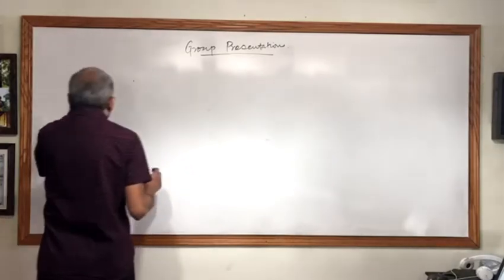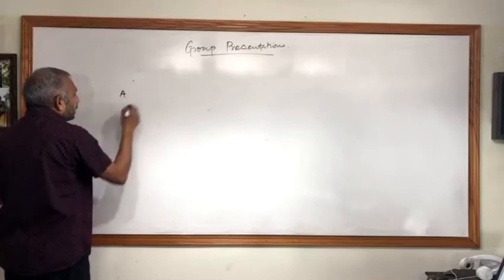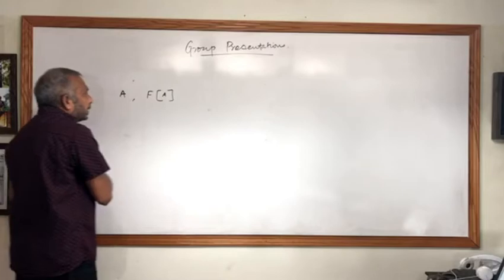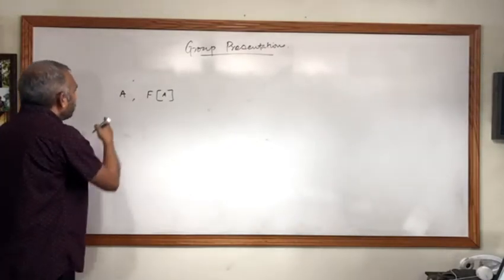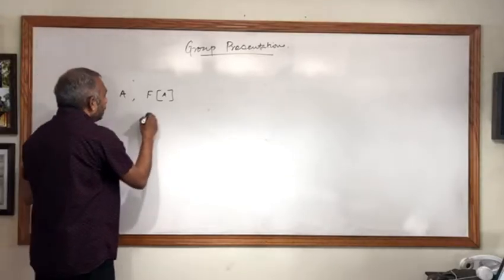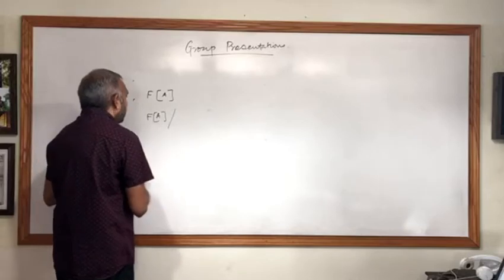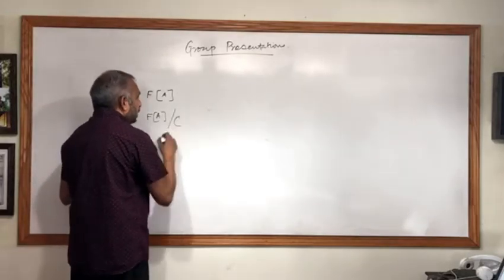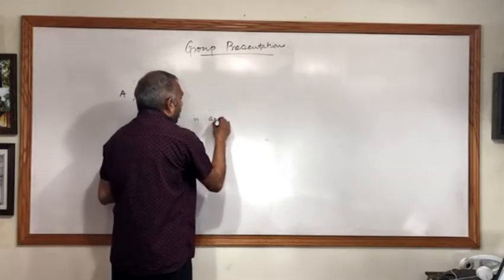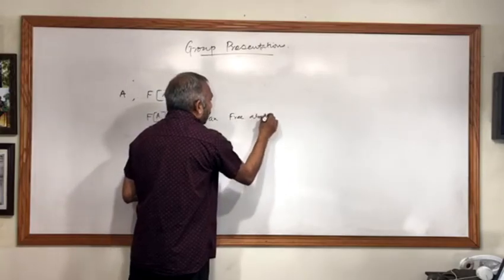What we have done earlier is that if A is a set and F of A is the free group generated by the elements from A, then the factor group F(A) over C is a free abelian group.